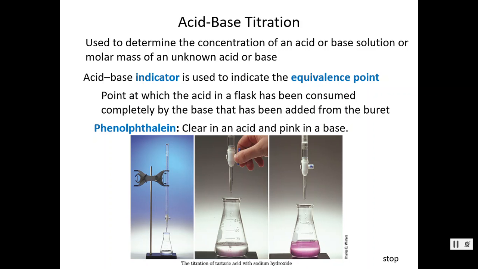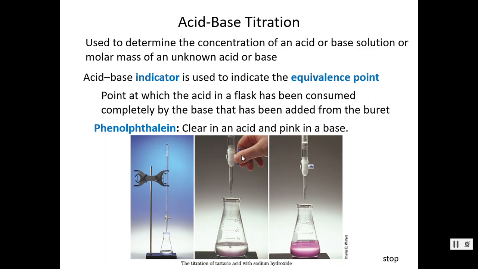So many times acid-base titrations are done where you have your base, in this case sodium hydroxide, in your burette, and a known amount of acid, in this case tartaric acid, along with phenolphthalein. Before you start the titration, the solution color of that tartaric acid and phenolphthalein is clear.